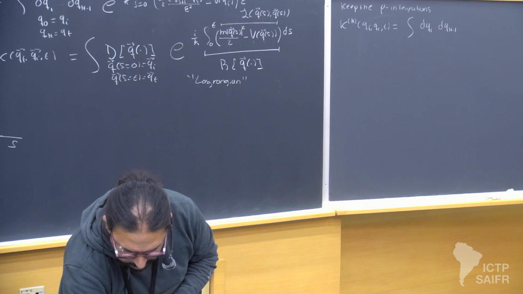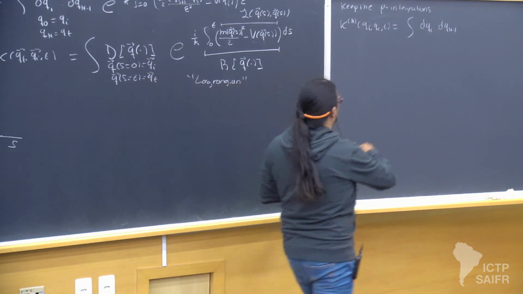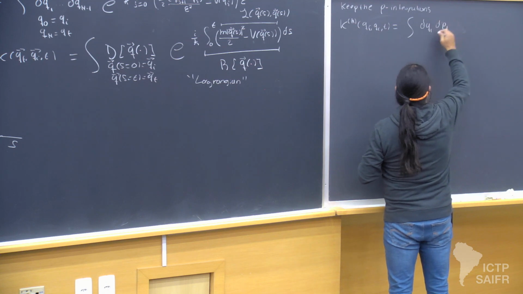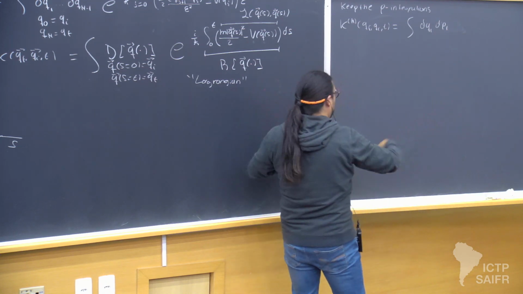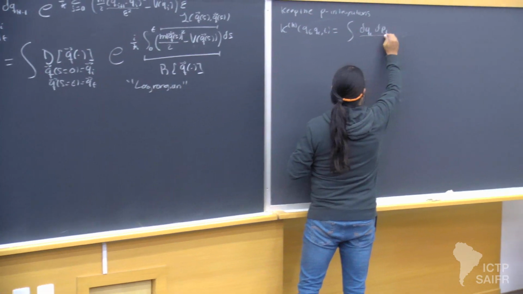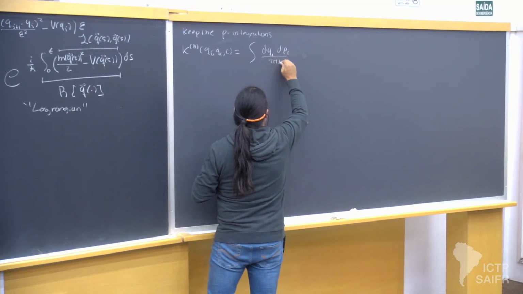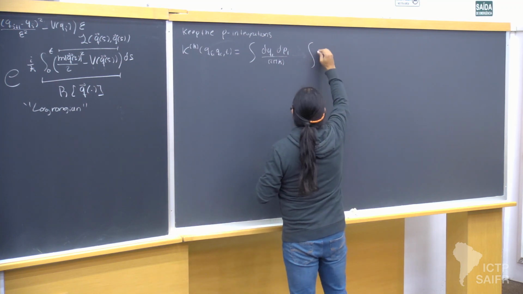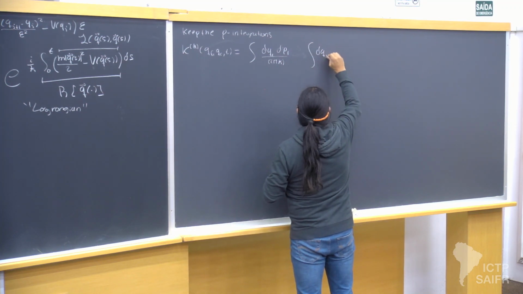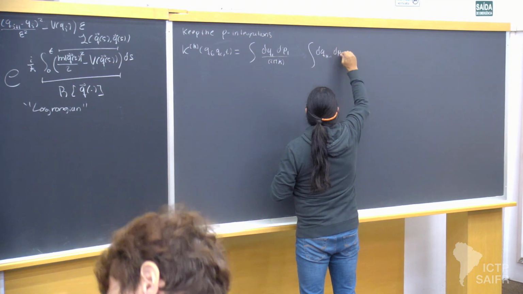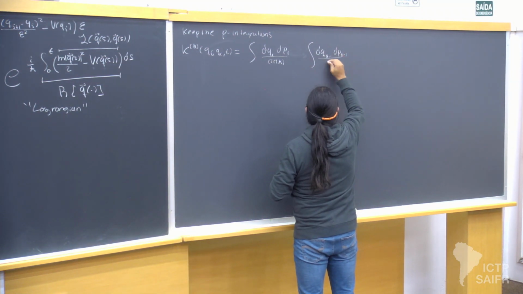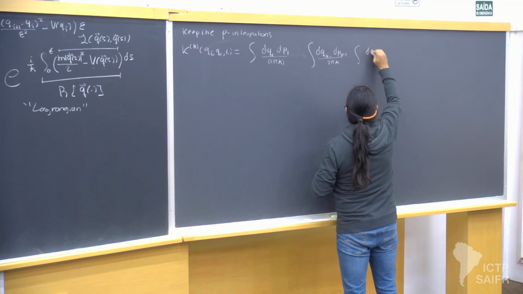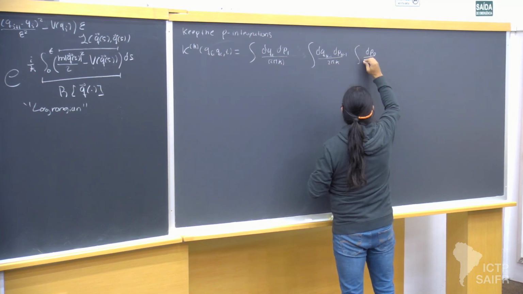I think I will write the short version because I'm going too slow. I have a bunch of integrals over the q's as before, but now I have integrals over momentum. A bunch of them. And one little guy here that is annoying but doesn't change anything.